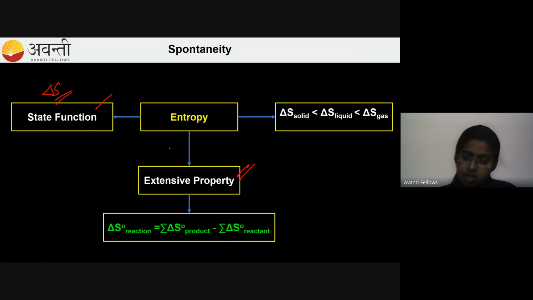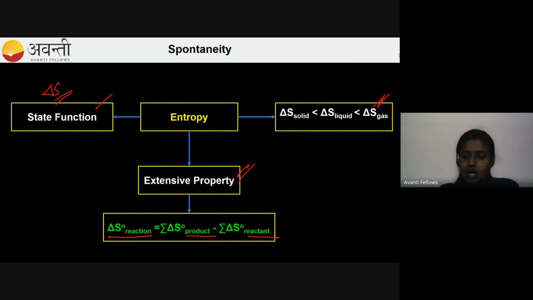And as I just told you, gases have the highest entropy, then liquid and solid. And if we want to find the standard change in entropy of a reaction, we have to do product minus reactant. Clear? So these are the 4 important points to keep in mind regarding entropy.